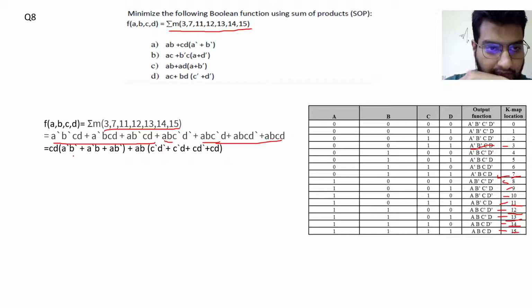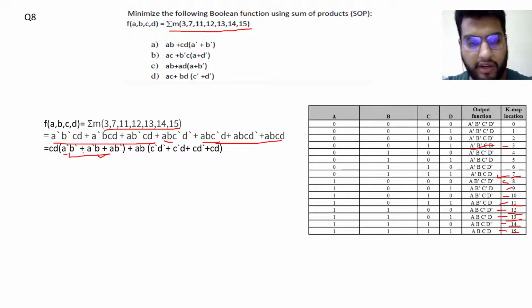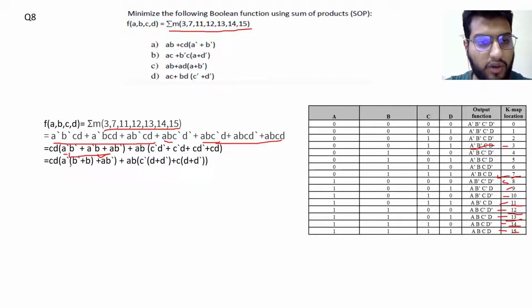Now I take this a complement common between these two terms, and when I do that, I get cd, a complement, b complement plus b plus a b complement, and as I said previously, b plus b complement will be equal to 1. Also taking out c complement common between these two terms and c common between these two terms, I get c complement and with d or d complement, or c and with d or d complement.